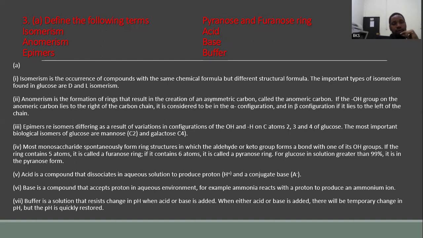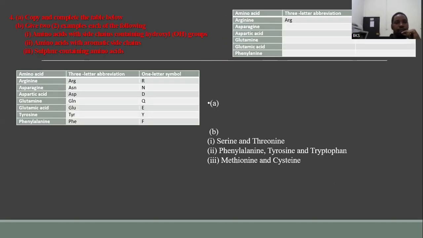This is also a form of isomerism that occurs at the anomeric carbon. So isomerism that occurs due to the formation of the anomeric carbon is what we call anomerism. So the next set of questions is the uncompleted table.